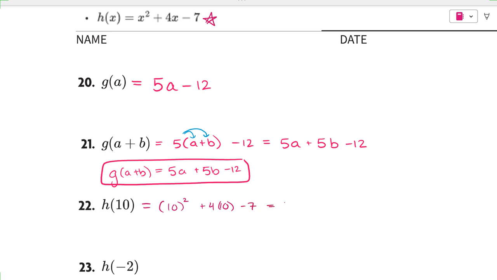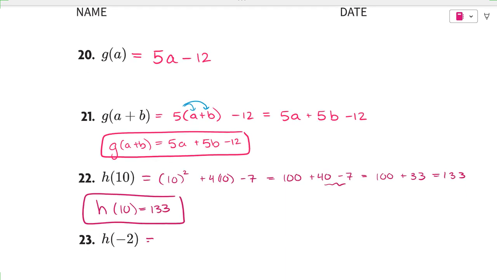So 10 times 10 is 100. 4 times 10 is 40. And then we have that minus 7 kind of tacked on the end. So it doesn't matter which order you add these in. I'll do my 100, I'll add these first. So plus 33, so I get 133.